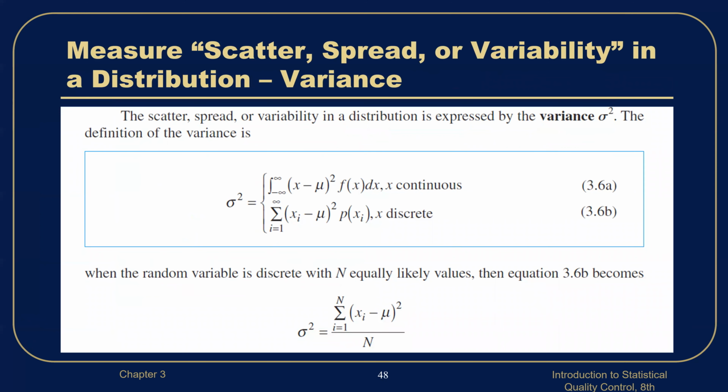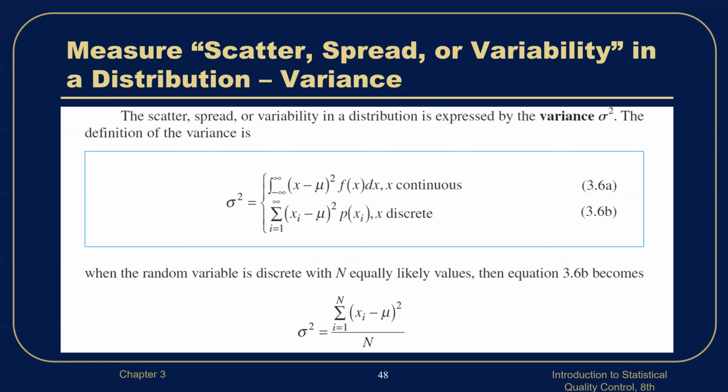As an important statistic that measures the scatter, spread, or variability in a distribution, variance is also calculated in different forms. For continuous distribution, its variance is the integral of the square of the variable minus the mean, multiplied by the PDF, over the whole range of the variable.